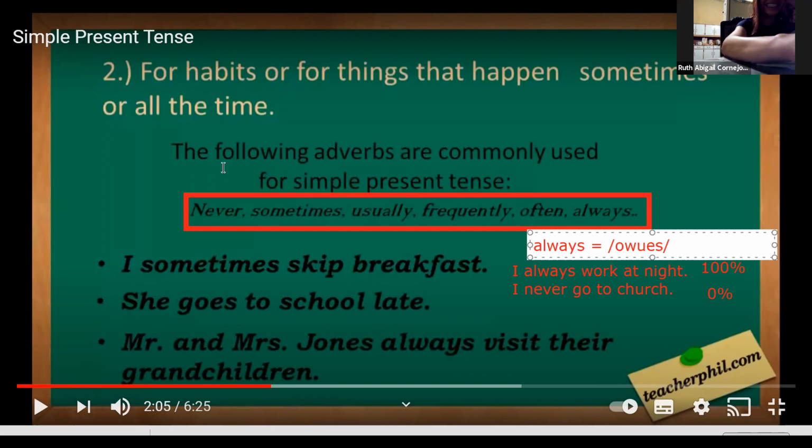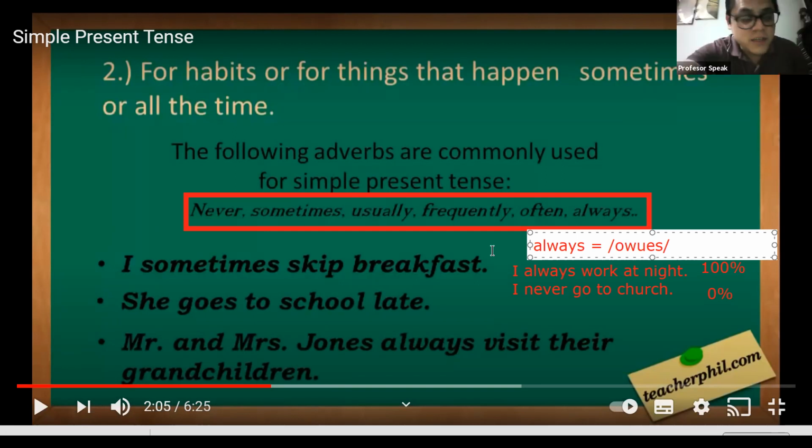All right, Sandrita, please give me your example using always. Give me your example using always. I always visit the beach.